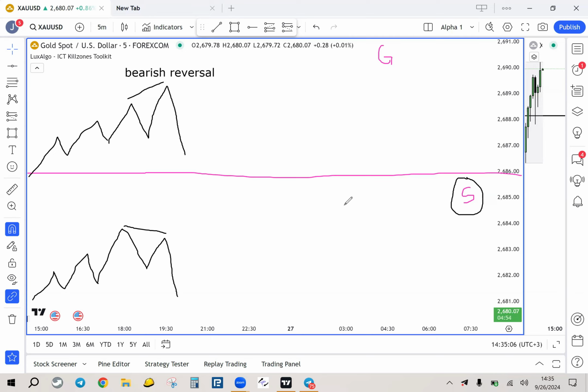Now you're going to say, Alex, which is the first leg, which is the second leg? Well, every SMT is going to be created of two swing highs. In this case, we're going to have swing high number 1 and swing high number 2. How are these two swing highs being created? Every swing high is created by a leg that goes up and then a leg that goes down.